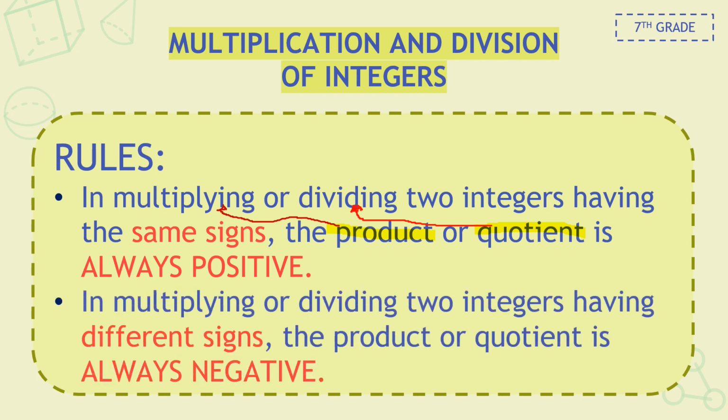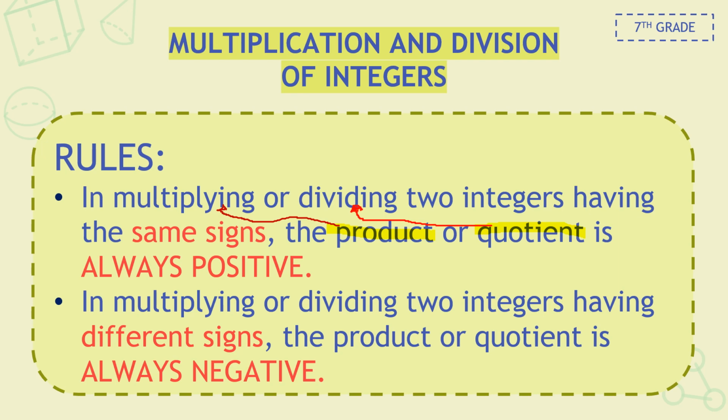Next rule is that whenever we are multiplying or dividing two integers having different signs, different sign naman po. Ibig sabihin, yung first integer natin positive, yung second integer negative, or yung first integer negative, while the second integer is positive.